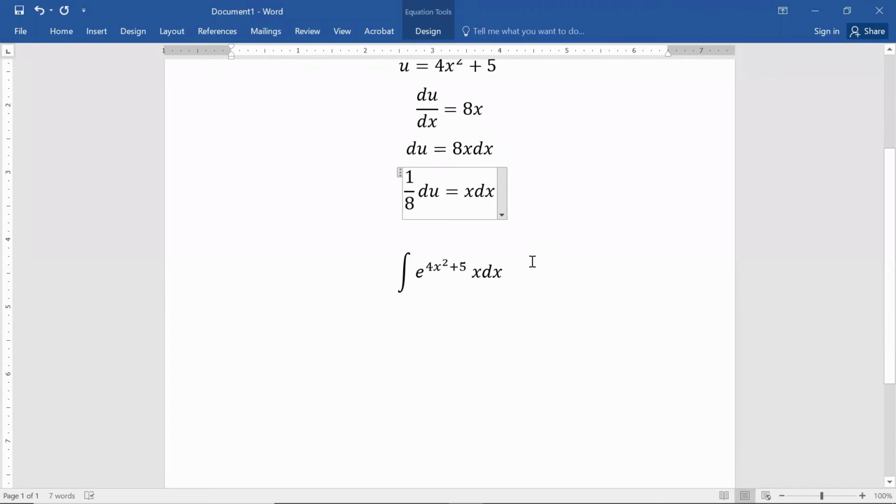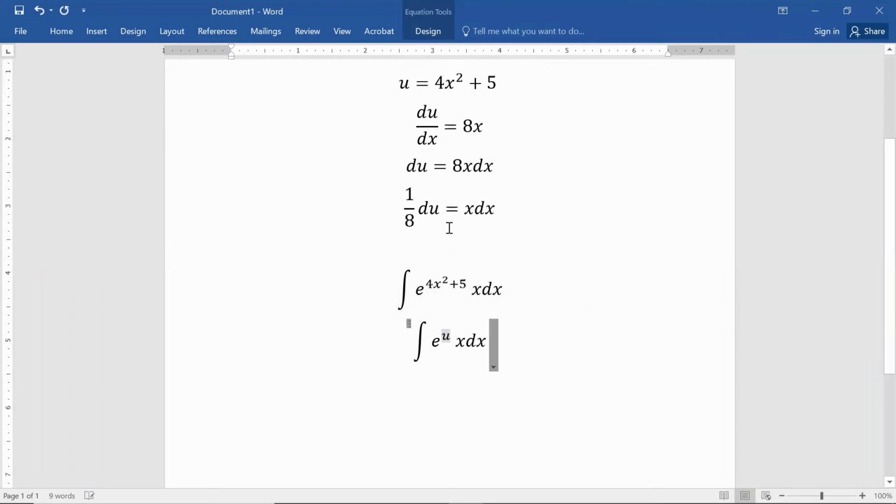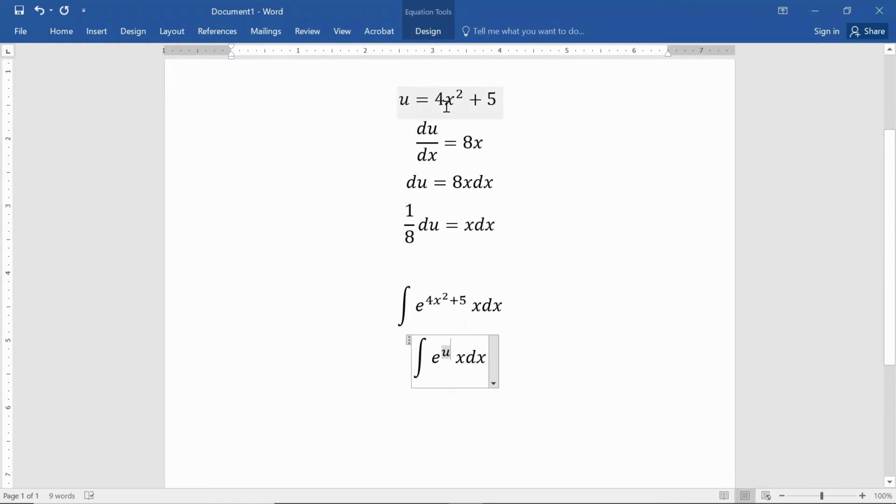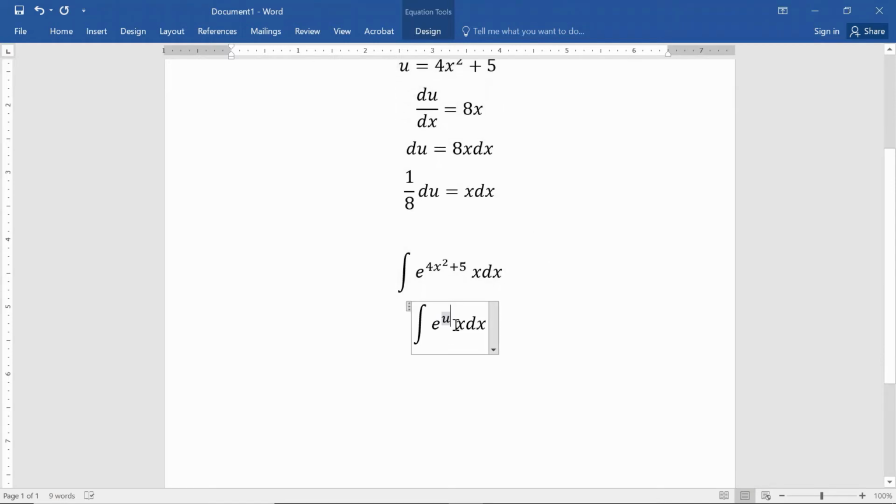Once I've done this, now I am set to do my substitution. The 4x squared plus 5 is going to get exchanged for the u. That's what we set out at the beginning. And now I know the x times dx can be exchanged for a 1/8 du.